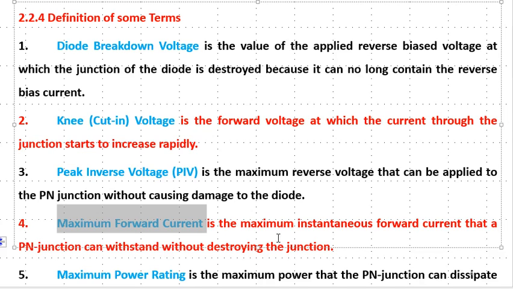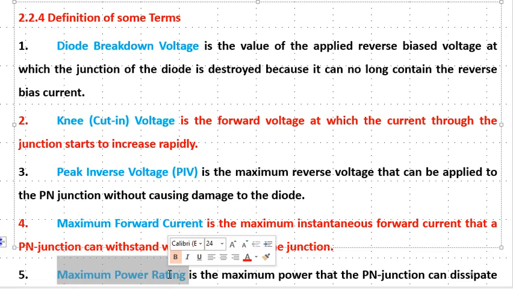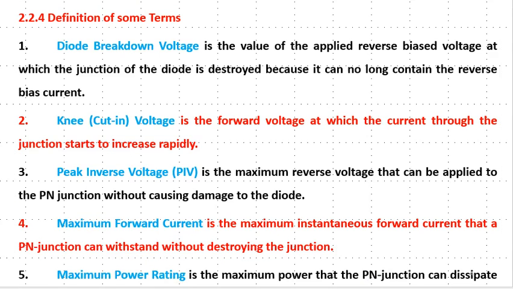The moment you supply more than that current, the junction is going to be destroyed. And the fifth term is what they call maximum power rating, and this is the maximum power that the PN junction diode can dissipate. That is the product of the voltage and the current it can withstand. If you go beyond that, you are going to destroy the diode.